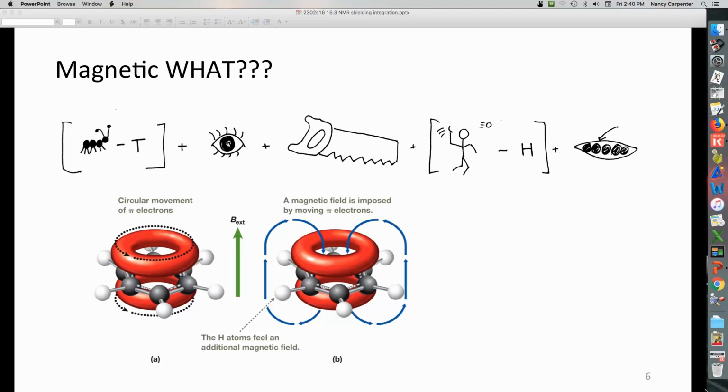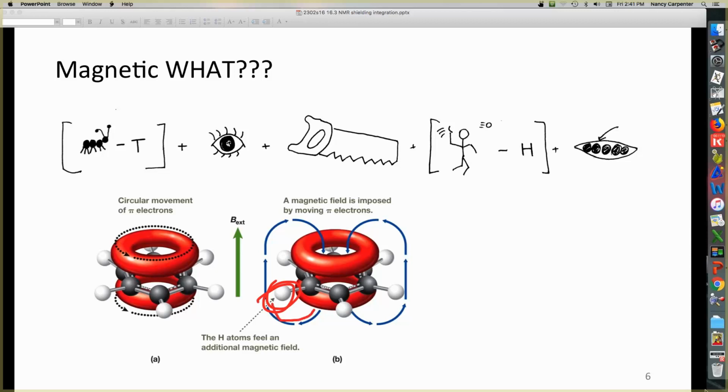In other words, those circulating pi electrons generate their own magnetic field, as signified by these blue lines. Well, here are my hydrogens sitting right here, and what do they feel? They are feeling an additional magnetic field, a magnetic field that's coming from the molecule itself. So it's reinforcing the external magnetic field.